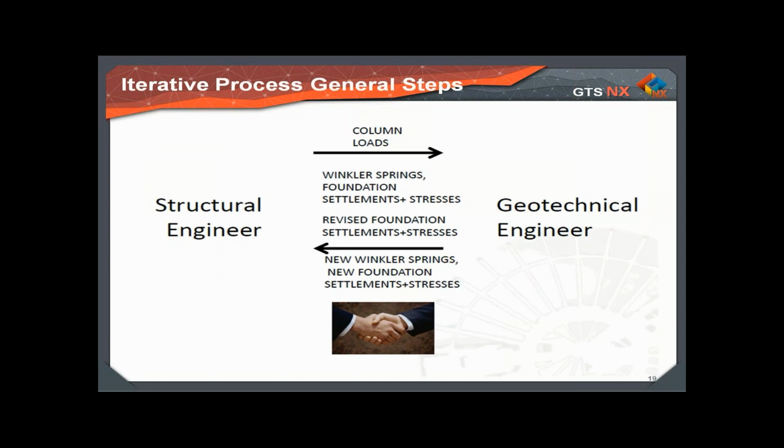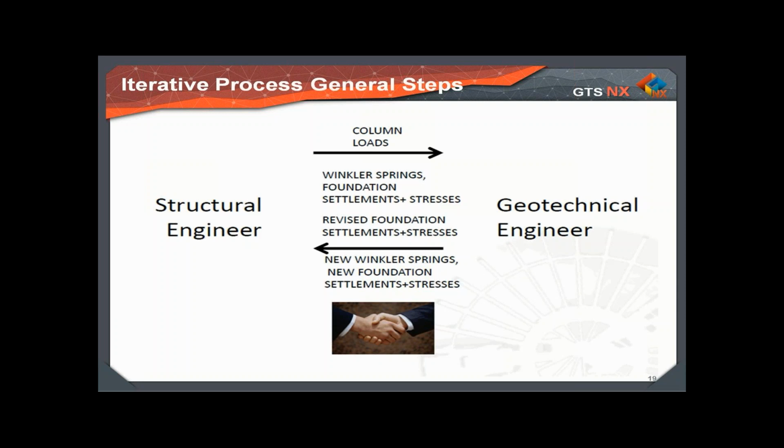So to quickly describe the iterative process between the structural engineer and geotechnical engineer: the structural engineer provides the column loads to the geotechnical engineer, who has already developed a model of the foundation and the soil. The geotechnical engineer evaluates the foundation settlement and the stress and provides the structural engineer with Winkler springs or soil springs.